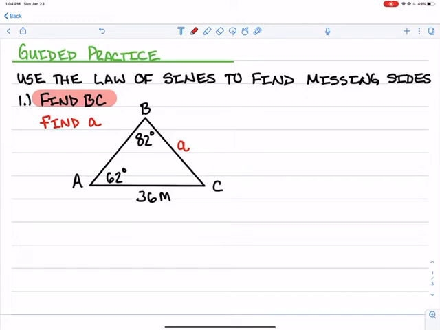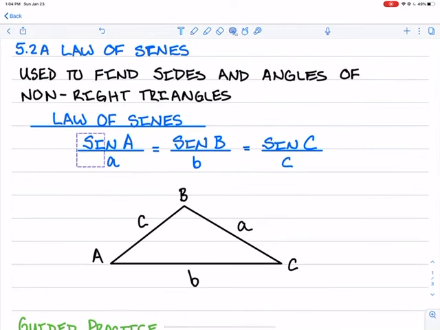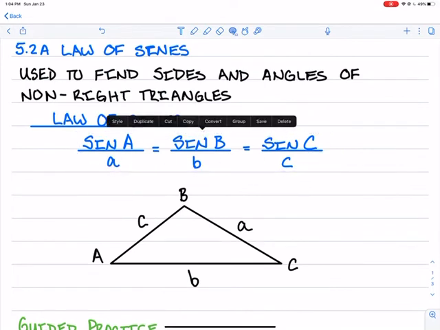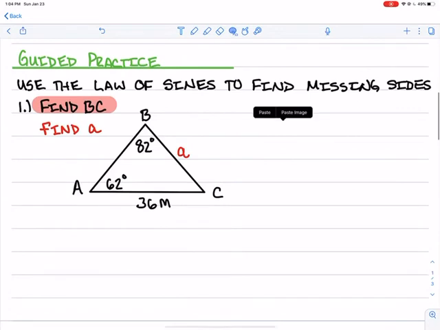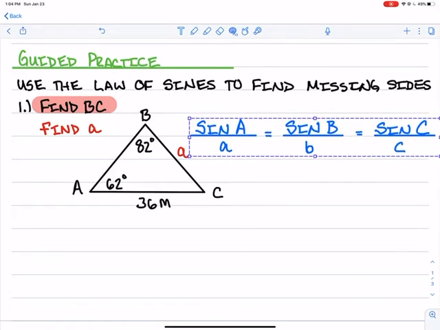And to do this, all I'm going to do is take the formula, which is here. I'm going to take my formula, I'm going to write it out, and I'm going to figure out which pieces I should use and which pieces I should ignore. And to do that, I just look at what I'm given.